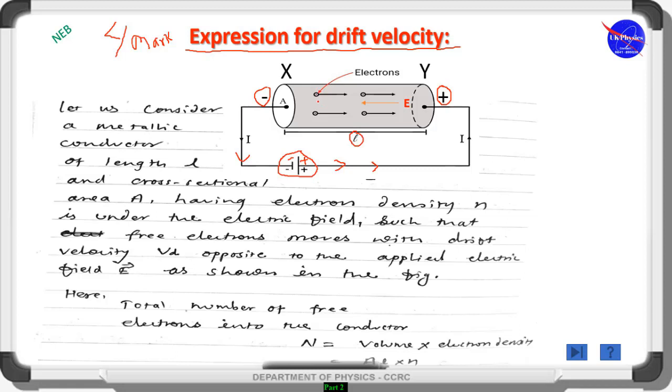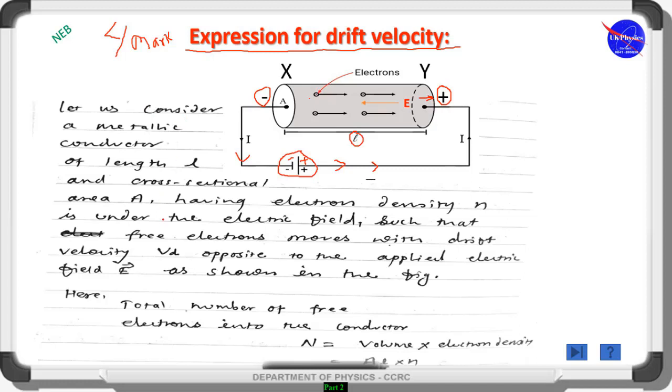And the flow of electrons inside the conductor is towards the positive end, because an electron has a negative charge, which is always attracted toward the positive end of the conductor.